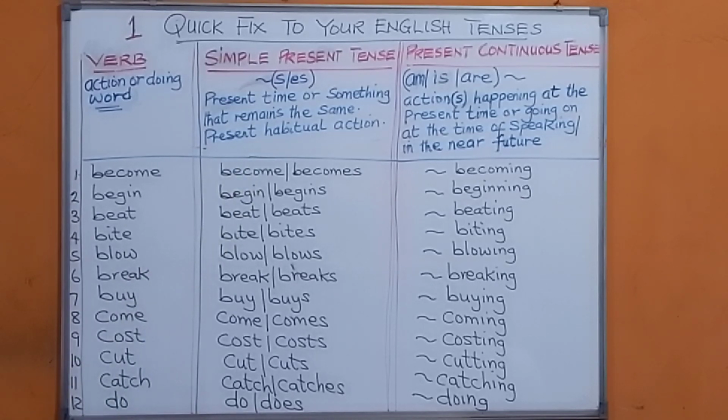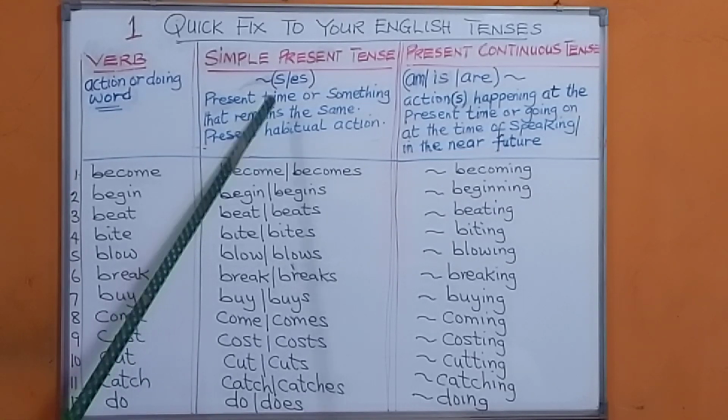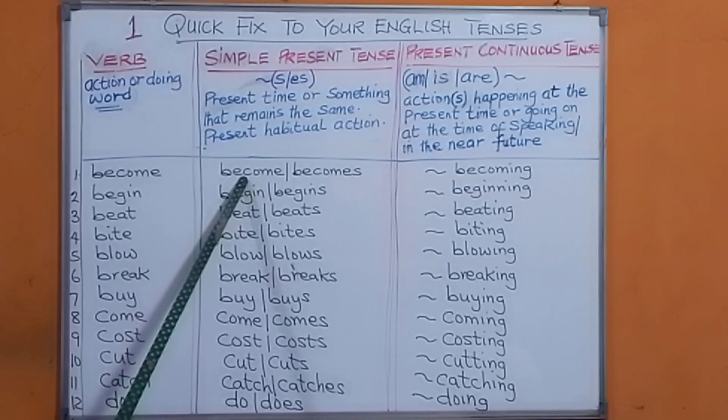Now, in simple present tense, if you are using a verb, remember we talked about subject-verb agreement. If you are talking about many things or events that are many, you don't add s to the verb.